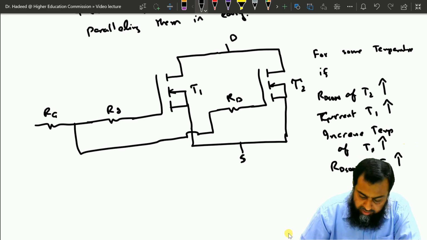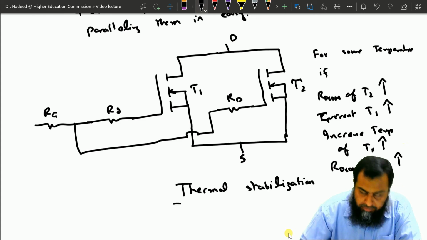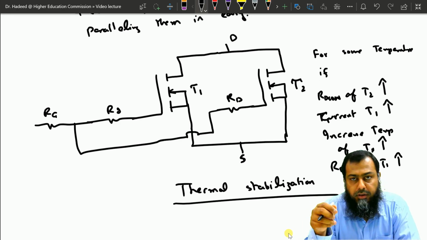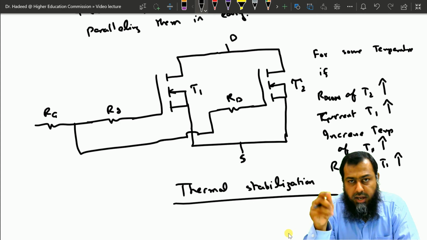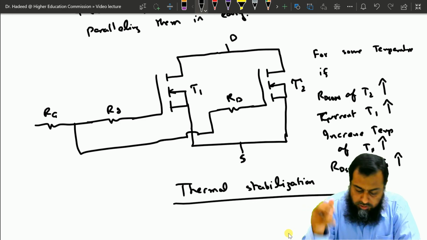Hence there is always a thermal stabilization in a MOSFET circuit, and this is a big advantage over diodes, which have a negative temperature coefficient, and it is always a problem when we connect two diodes in parallel. So this is not a problem.